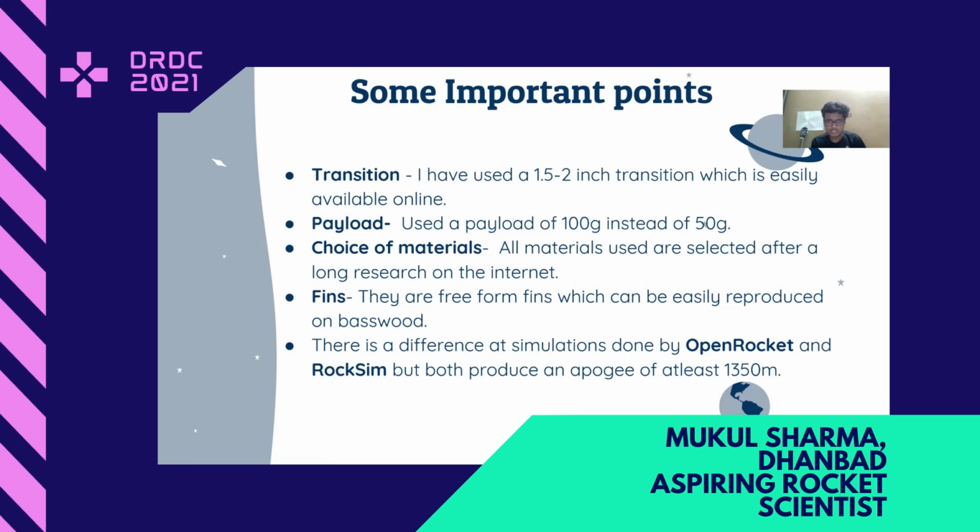But still, if we consider the worst case and go with OpenRocket instead of Rocksim, we get an apogee of around 1350 meters, which is quite good.